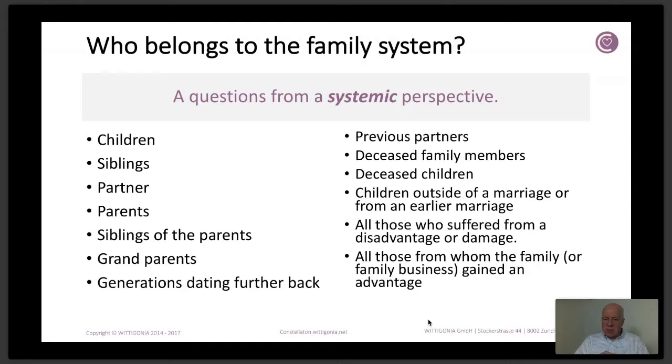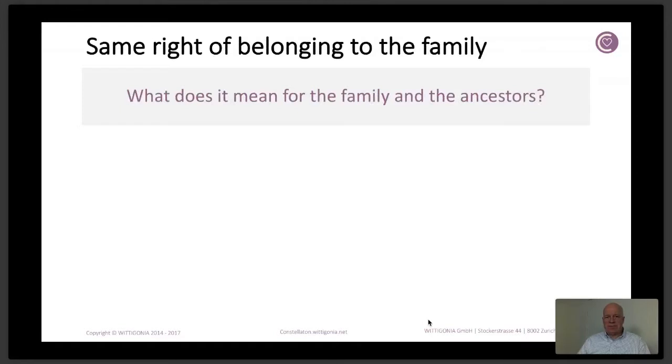And these can sometimes be very challenging experiences to discover when we go after family research and we discover certain things in the past where we say, oh, we didn't know that there were, for example, victims of certain incidents, or other people from whom the family or family business gained an advantage. So it's important to include that in the systemic perspective.